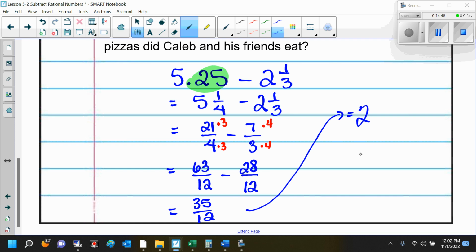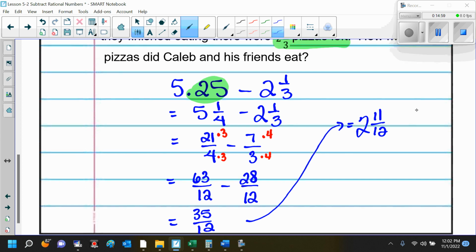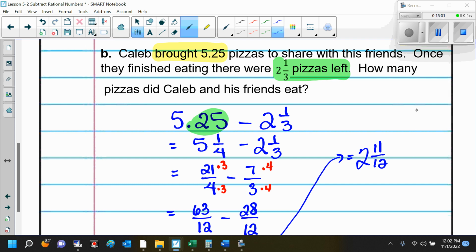With how many left over? 11. So this is going to be 2 11/12 and my label is going to be pizzas, right? 2 and 11/12 pizzas. Is everybody clear?